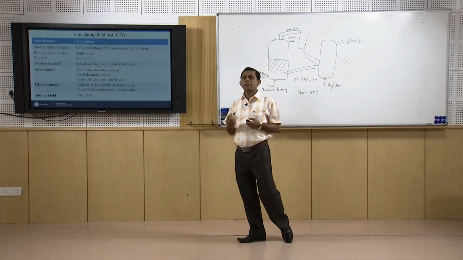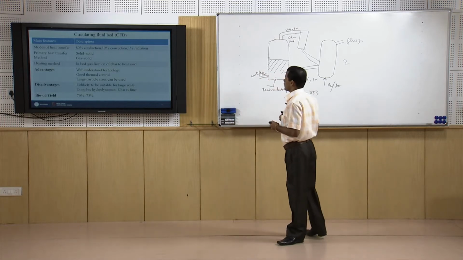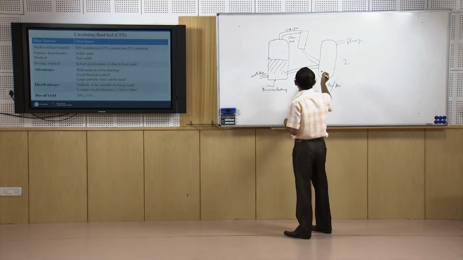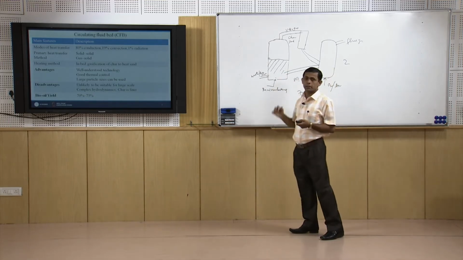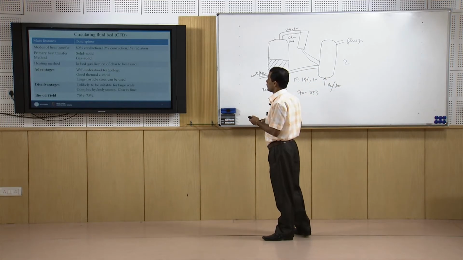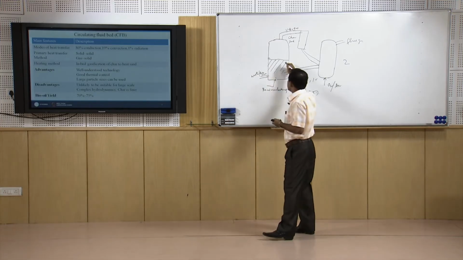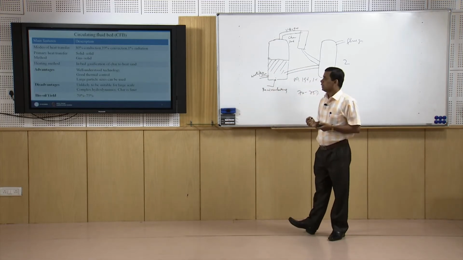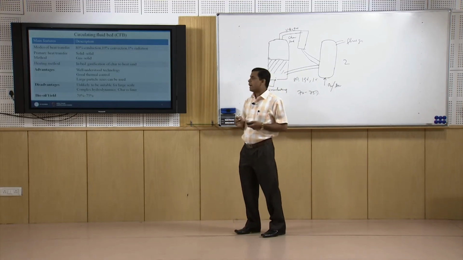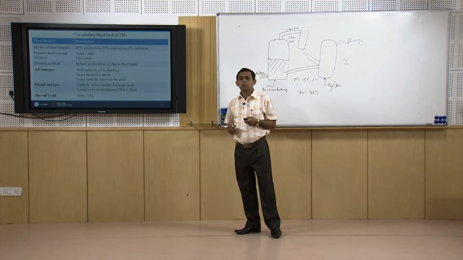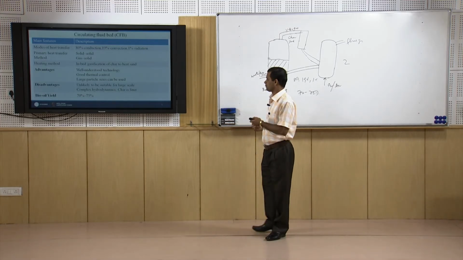So, this is the mode of heat transfer in this reactor. Here some in-bed gasification takes place and heated sand helps with the heating. These are the basic features of this reactor, but it has some disadvantages: its hydrodynamics are complex, and it is unlikely to be suitable for large scale production.